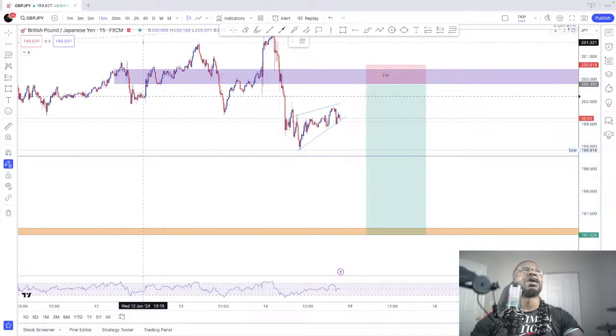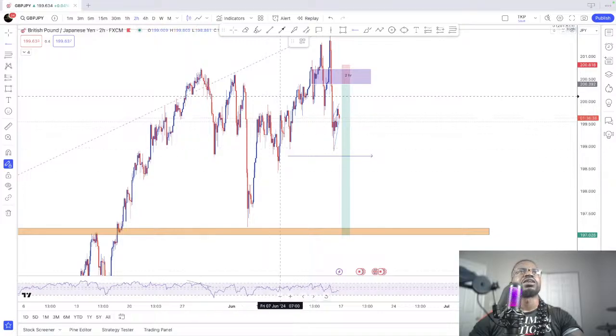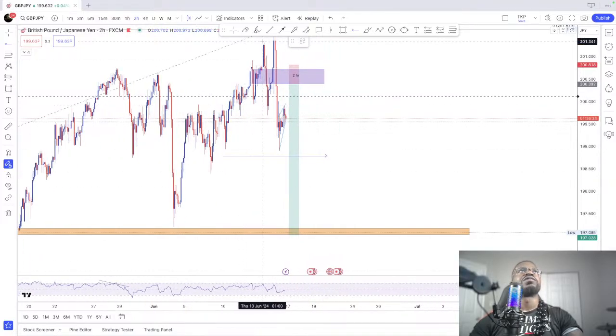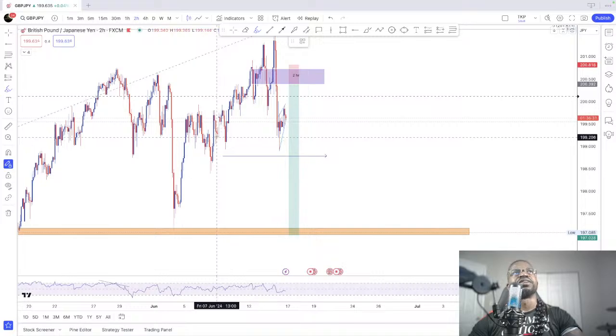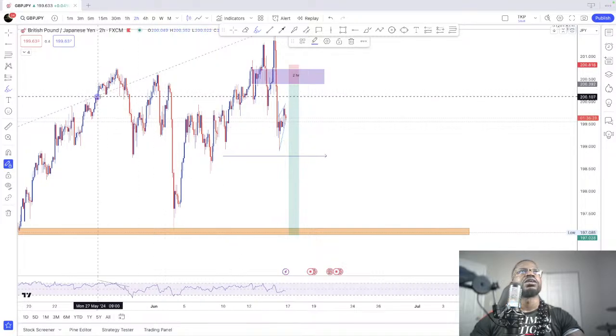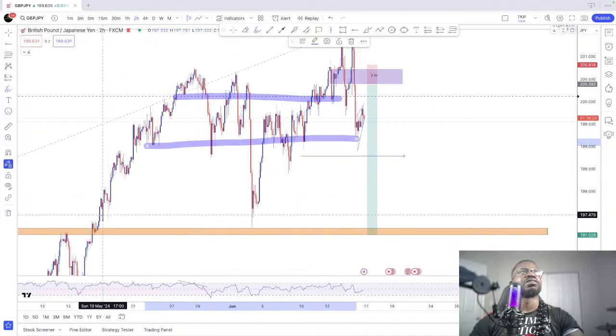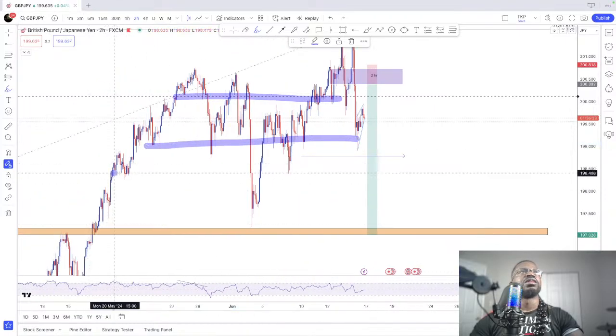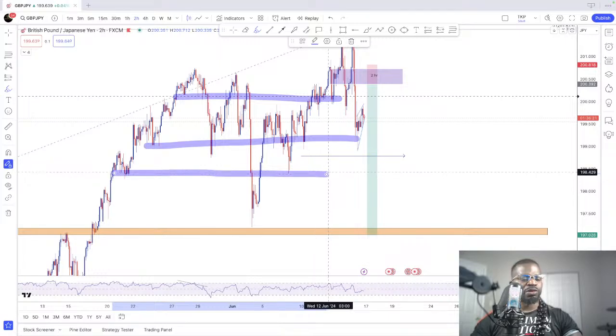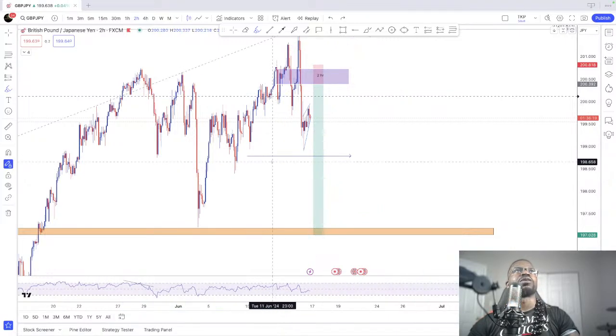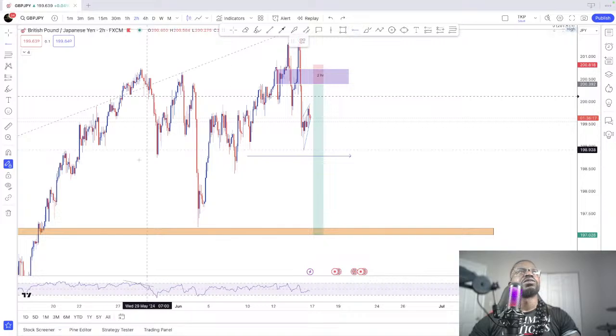As far as identifying the targets, you guys, try to keep things simple. Look at the different areas in the market where price previously struggled. You see price struggling here, having multiple rejections. Areas like that are great areas to place your targets.